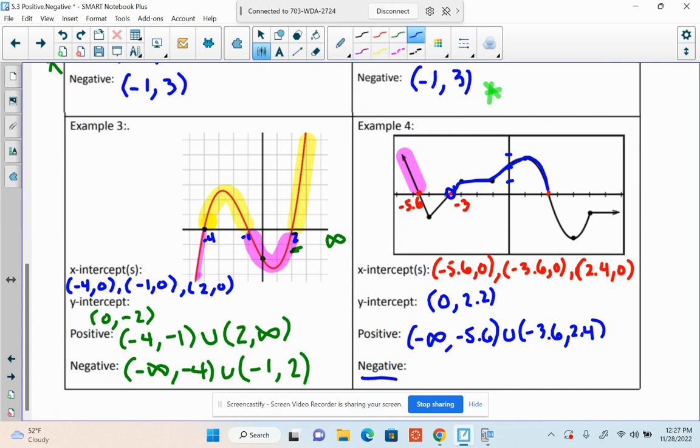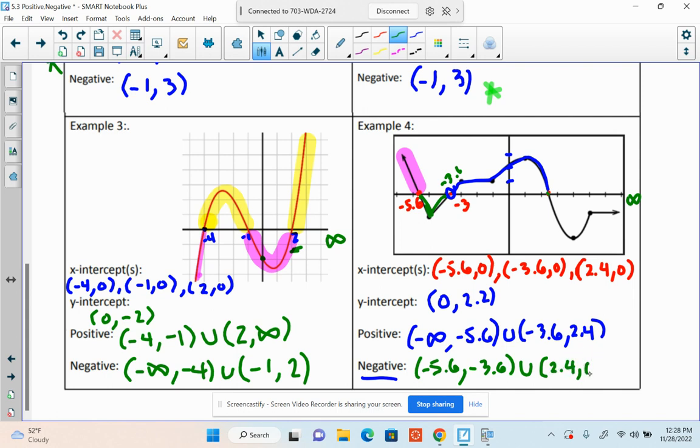So below, let's do this in green. Here, from negative 5.6 to negative 3.6. If it helps, you can label that one as negative 3.6 since we keep coming back to that. And then it's going to happen again from 2.4 to infinity because it never comes back above.